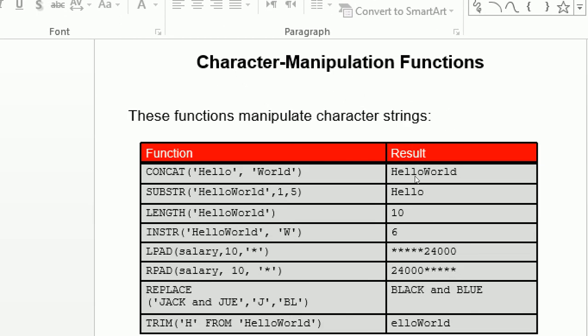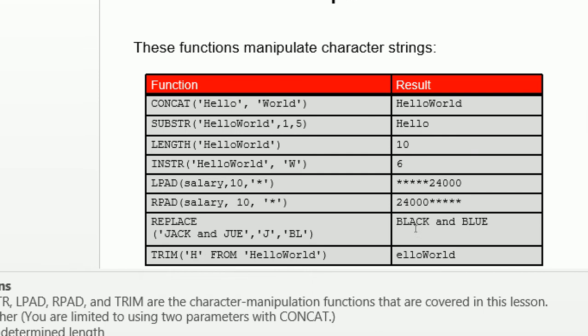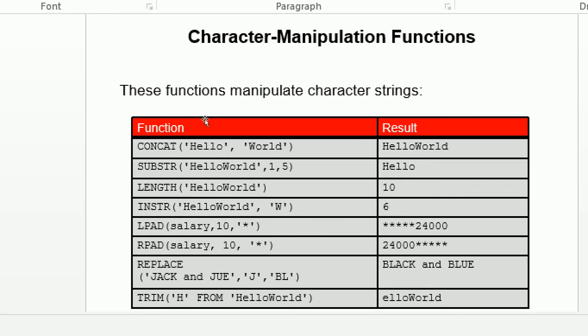There is one function with the name concat. What does concat mean? Concatenate function. The symbol we use is the double vertical bar. It means it will combine two strings with each other. The strings you provide in the brackets of the concat function, it will combine them. Clear? Hello world. Hello is separately written here.